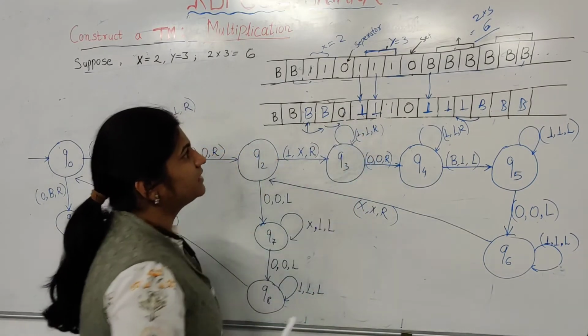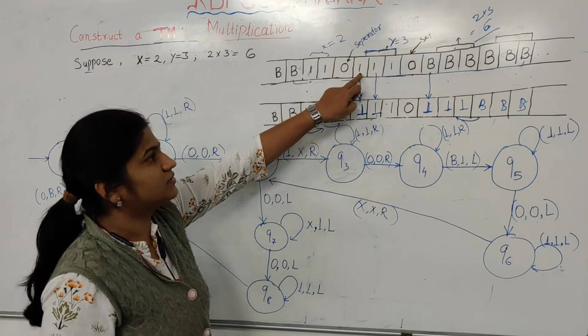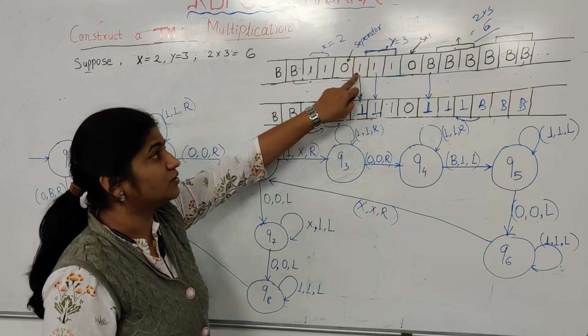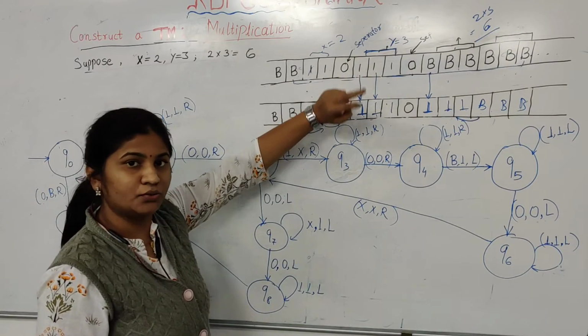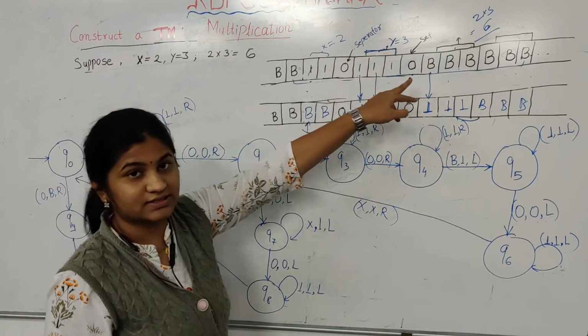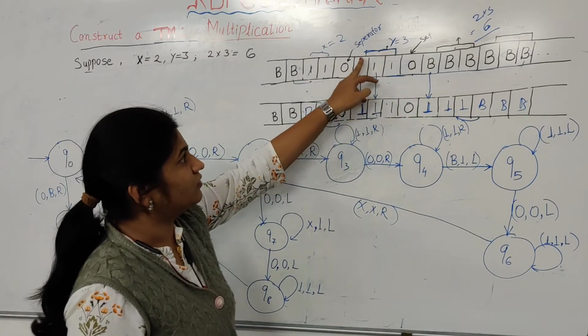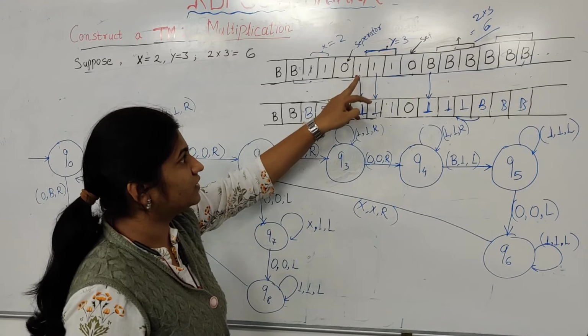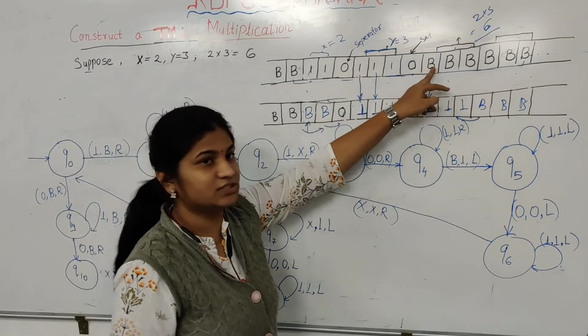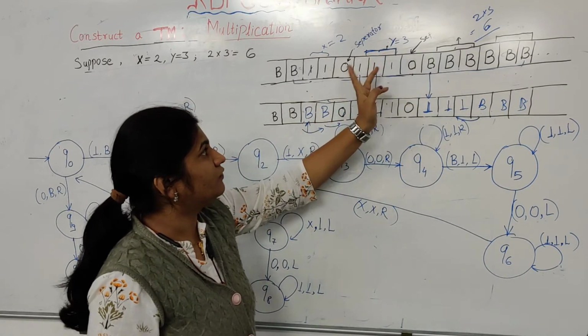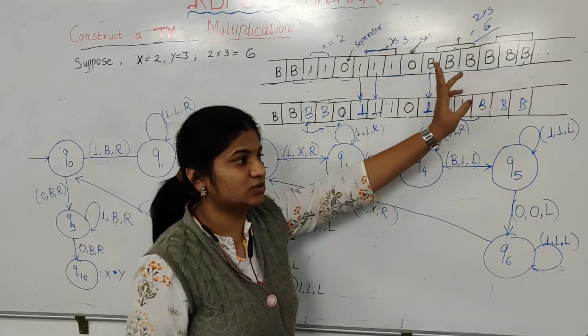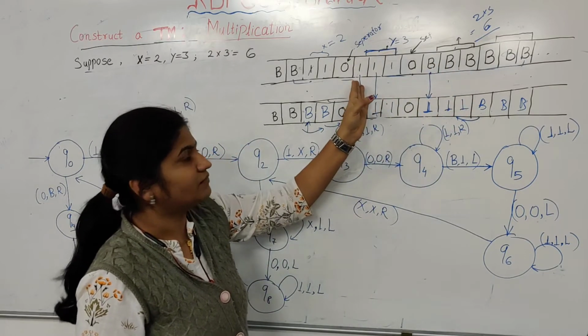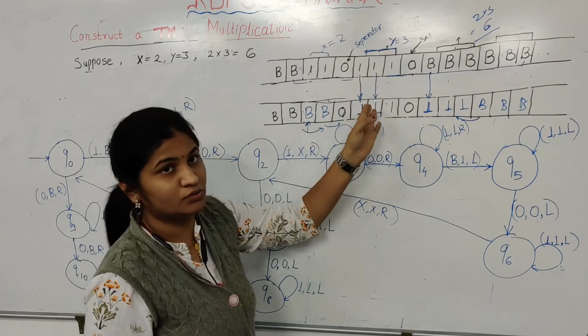See here, what we did first, here there were ones, so those ones we had converted into x, okay, while we were scanning, and as soon as we converted a 1 into x, we used to convert the blanks into 1. For every 1 we converted these blanks into 1, and after traversing back, we had converted them into x.